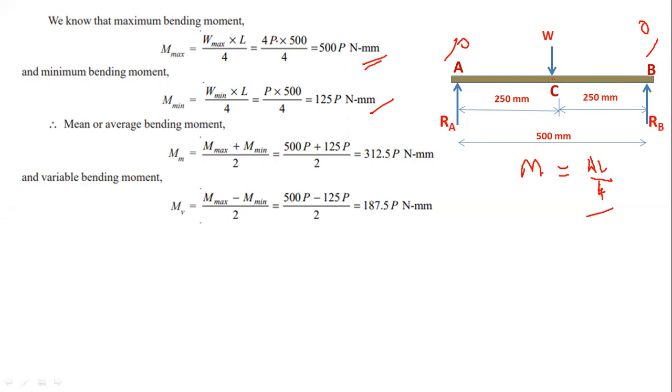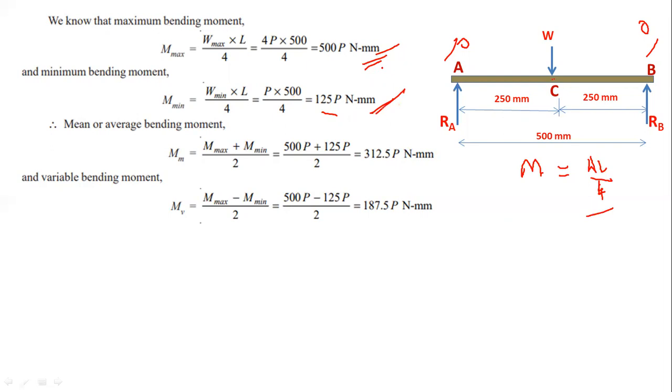Here the value of P is not given, so the answer is in terms of P. Minimum bending moment equals minimum load into length of the beam divided by 4. Minimum load is P and length of the beam equals 500, so 500 by 4. 125 P is the minimum bending moment.